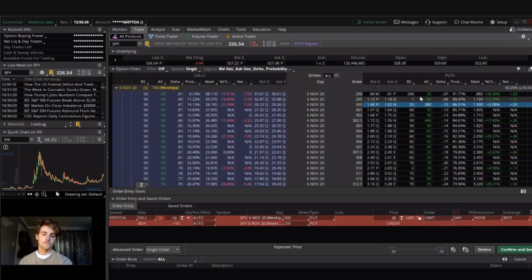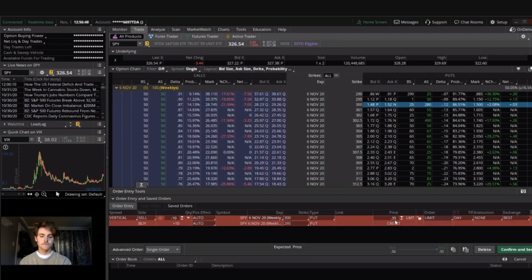That means it might actually jump down to a 290, and I just get a little less, but it takes the contracts off that 290 and I'll still be able to get in. So it's just another algorithm for ThinkorSwim to use. It just means you're going to get less credit than you want, but you're in the position and you don't have to wait for the limit to fill, unlike Robinhood.